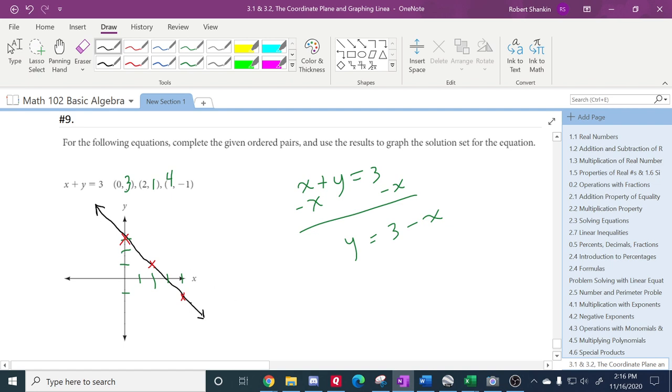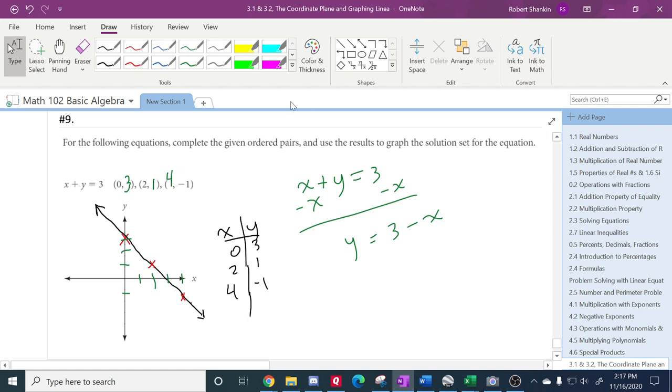Because you'd have to write an infinite number of points if you're going to do it this way. Or if you were going to make an xy table, 0, 2, 4, the y turns out to be 3, 1, -1. You still could go infinitely long on your table. So these little arrow marks at the end just show you that here's the solutions, and it's much more efficient to write them down with a graph than any other way.